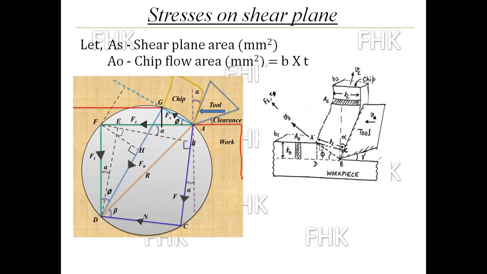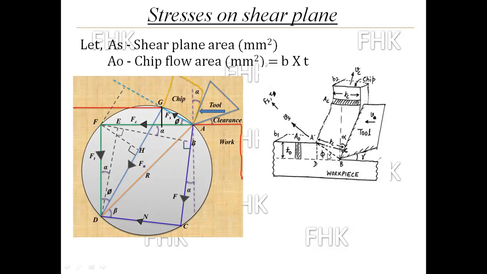That triangle will be BAD, in which AD is perpendicular to shear force Fc, and the angle ABD is the shear plane angle denoted by phi. On that triangle I am going to concentrate. In that we have to find the area of uncut chip, denoted here by A0, considering the width of the chip.